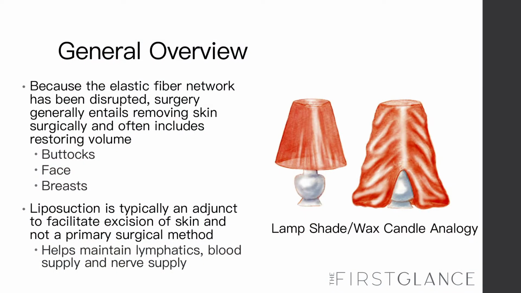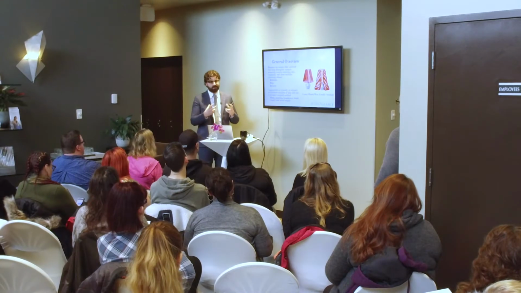And this is an analogy on how to think about it. The lampshade would be soft tissue redrape in an individual who has really good skin elasticity. The skin is tight and taut, and it's able to hold its shape. Whereas in the candle wax analogy, the elasticity isn't there.